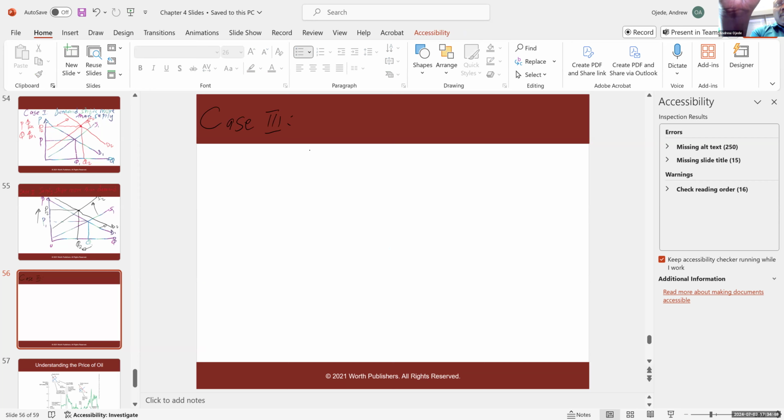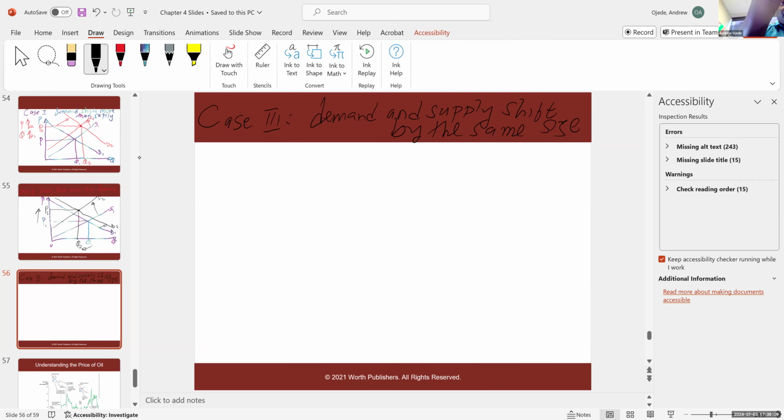You're going to say demand and supply shift by the same size, the same magnitude. Okay, so let's draw that case.